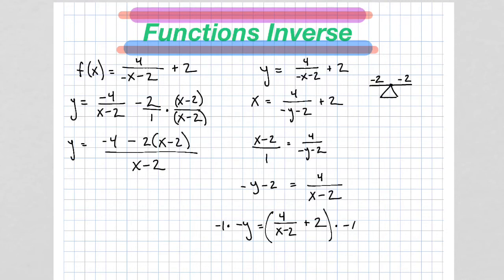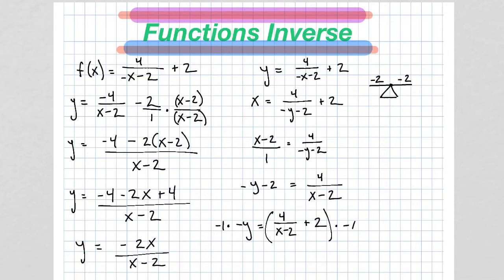Okay, so we have y equals negative 4 minus 2 minus 2x plus 4 over x minus 2, or simply y equals negative 2x over x minus 2.